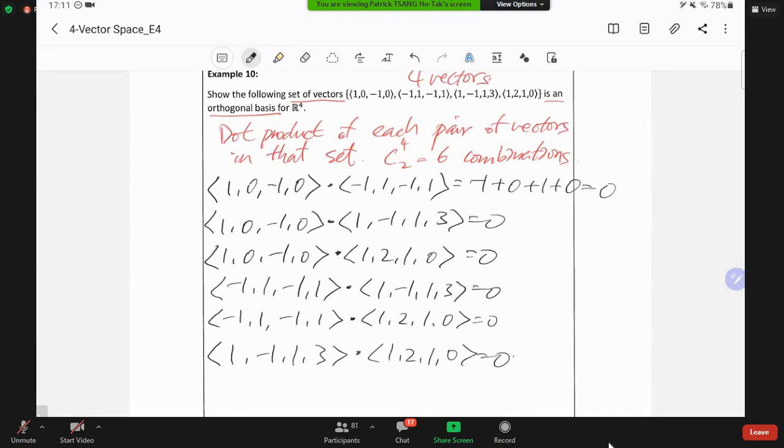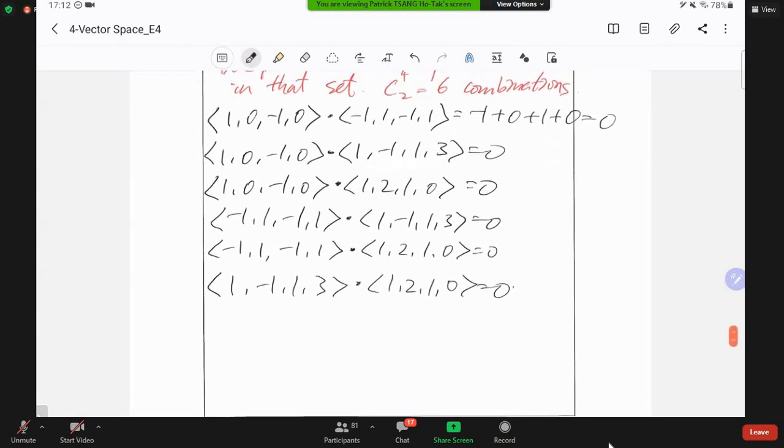When you consider the following set of combinations, you will see the dot products all yield 0.